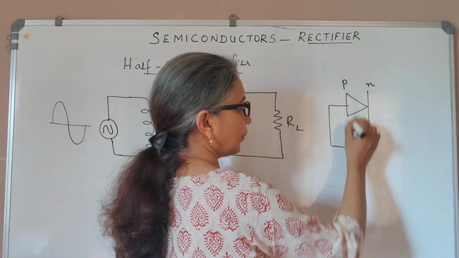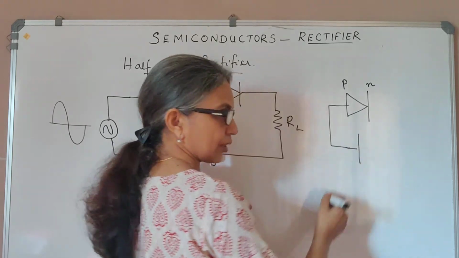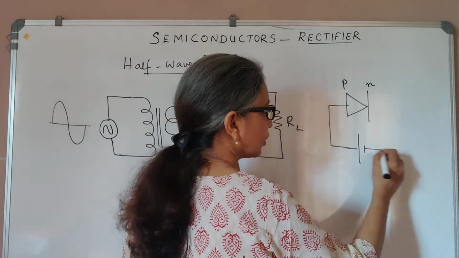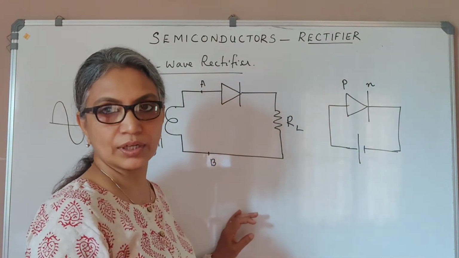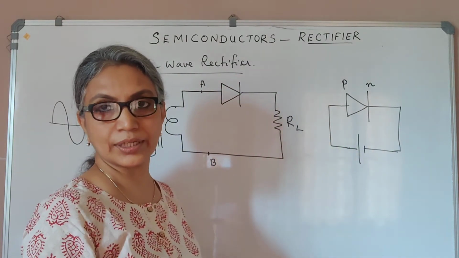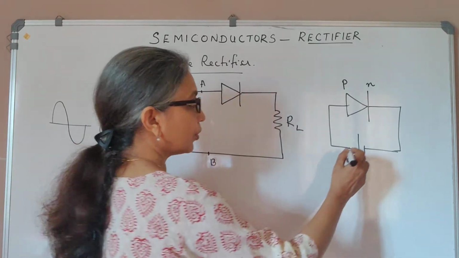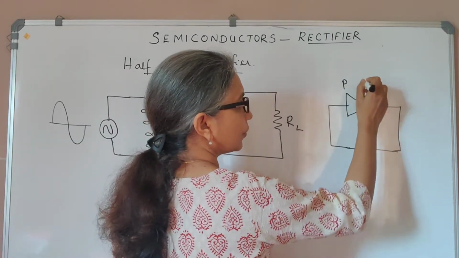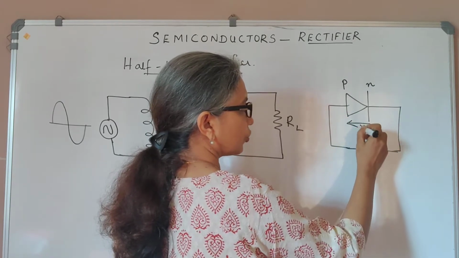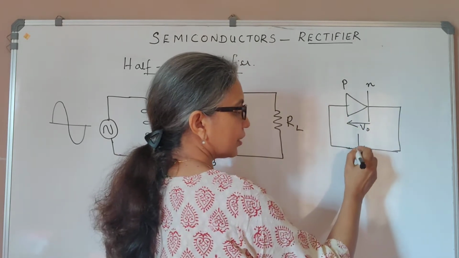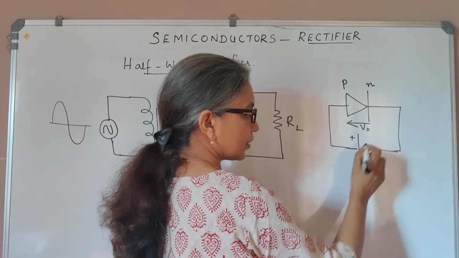If the P is connected to the positive terminal of the supply voltage and the negative terminal is connected to the N type, such a biasing is what you call forward biasing. So in forward biasing, you know that the potential barrier in a PN junction is always directed from the N type to the P type in this direction. And the supply voltage, this is the positive and this is the negative.